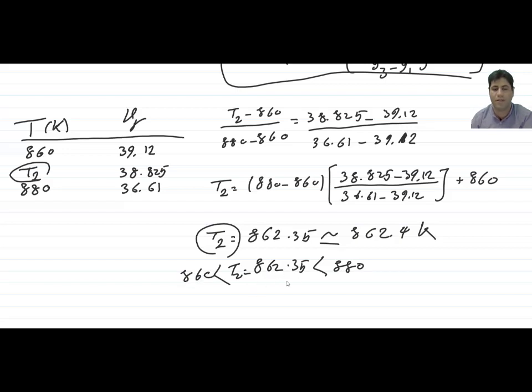So by this method we can also check if our interpolation is okay, if the temperature or any other property which we found is okay or not. Let's see how we can find the other important property for this part of the example, which is enthalpy. With the same interpolation procedure, we can find enthalpy for this state as well.